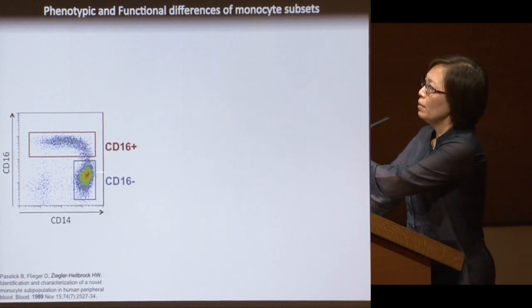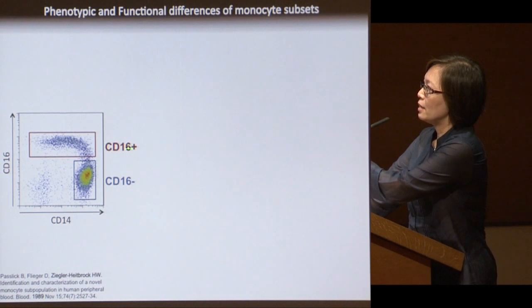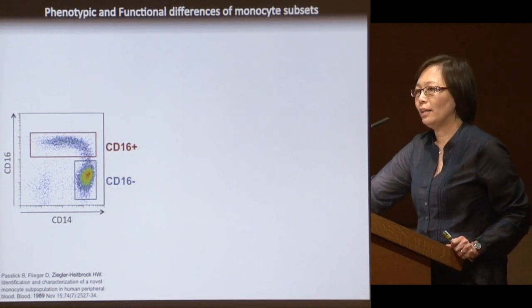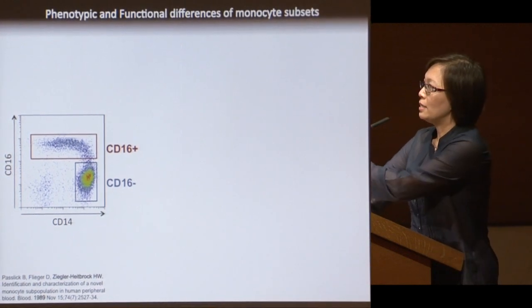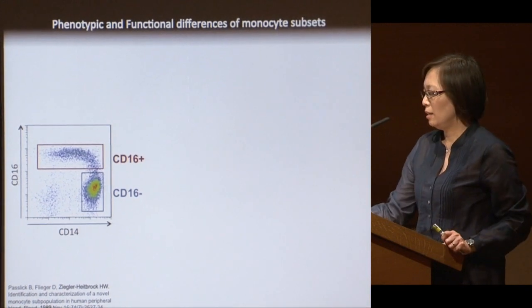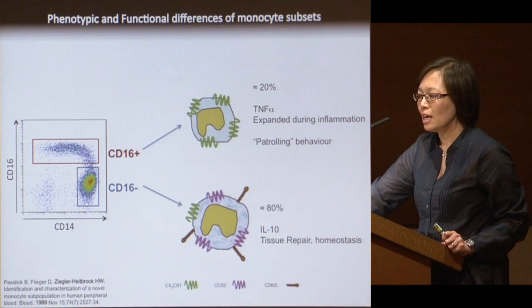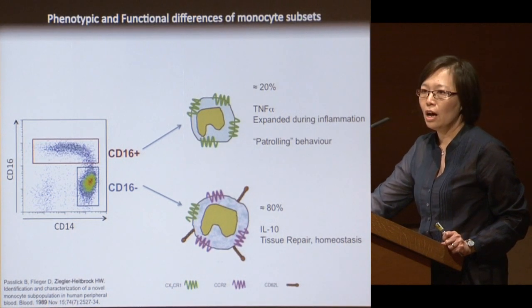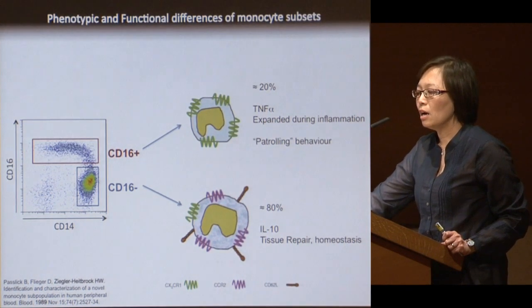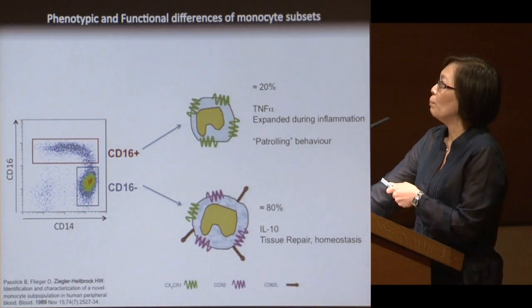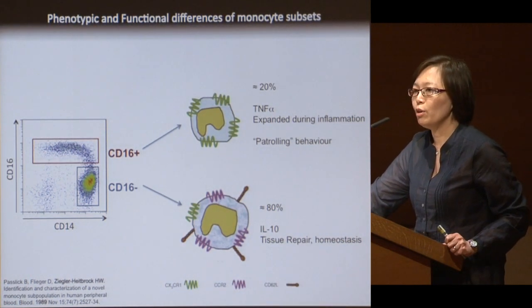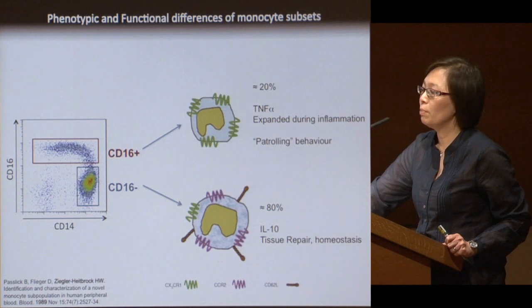Here I've labeled them: the one that expresses CD16 as CD16 positive, while the one that does not express CD16 as CD16 negative monocytes. And here I've listed some examples of differences that have been described for these two subsets throughout studies done since 1989. It's not meant to be exhaustive, just some brief examples of differences between the two subpopulations.